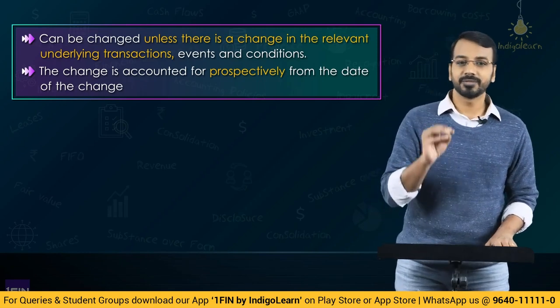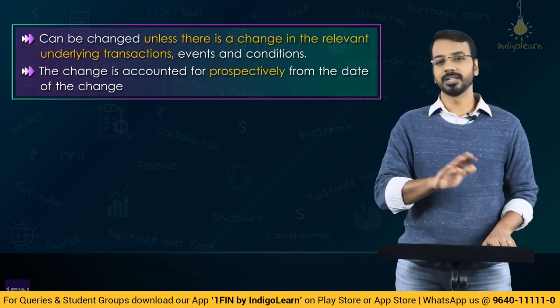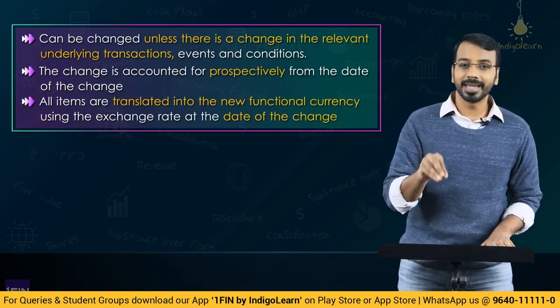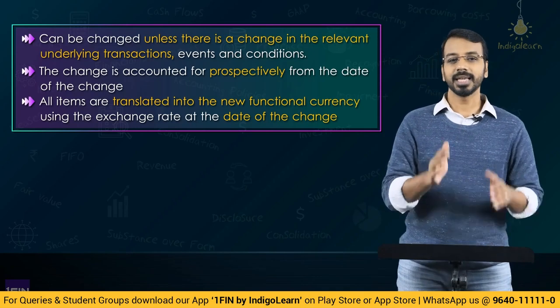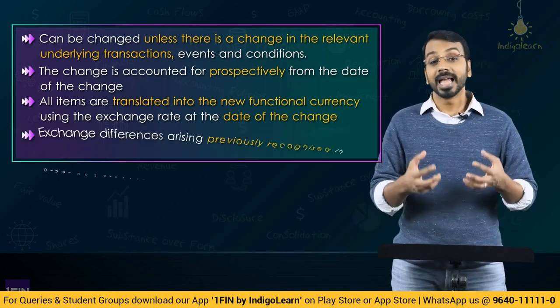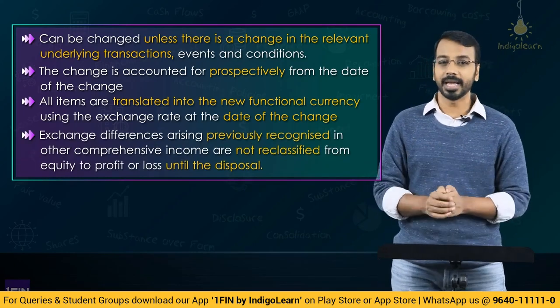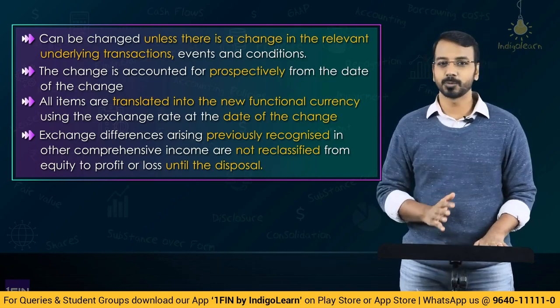So, when there is a change in functional currency, first thing, it has to be applied prospectively. There is no retrospective application. Second thing, the balances on the date of change will have to be converted using the new functional currency, and that will be the basis for further accounting. Third, any amount of foreign currency translation reserve that is recognized in OCI will remain in OCI till the time those foreign operations have been disposed of.